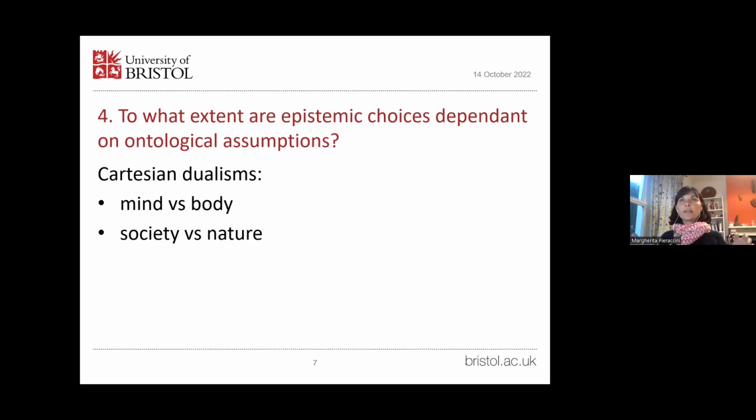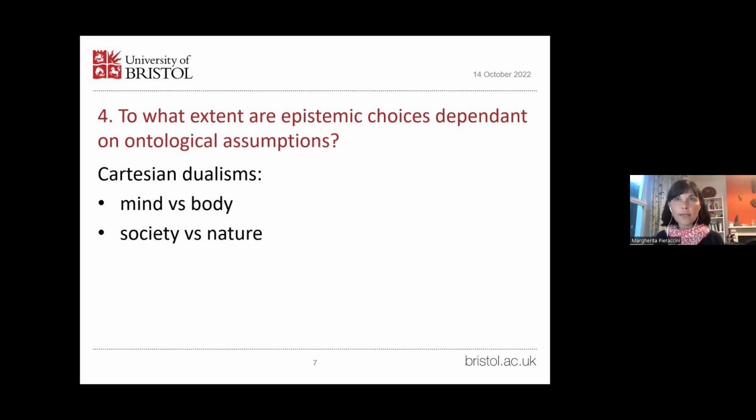Now, if you think that the two are very much distinct, and nature is something that is out there, and society is in a completely different sphere, then you will end up thinking that the people who can represent societal interests and natural interests, who can have knowledges about those, are very distinct sets of people and categories.